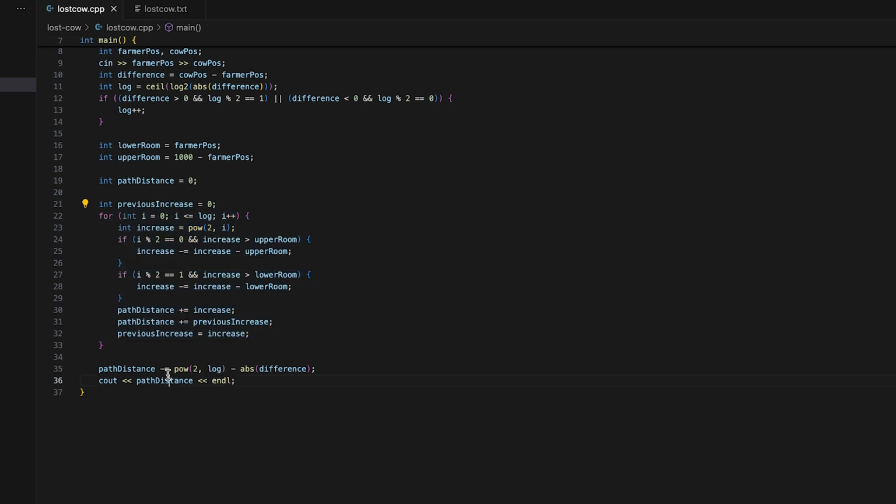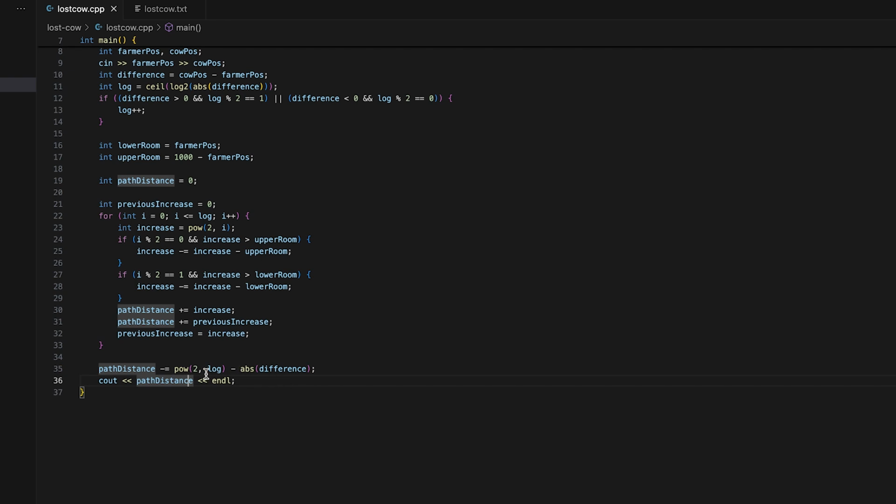And then right here, final step. Remember, if we need to round up the power, then now we need to account for that in the end. So what we do is we find the distance of our quote-unquote ending point, power 2 of log. And we can't just use log 2 of the absolute value of the difference, because remember, that log might be on the wrong side, those even and odd logs.